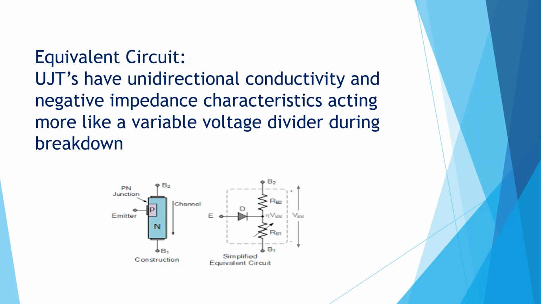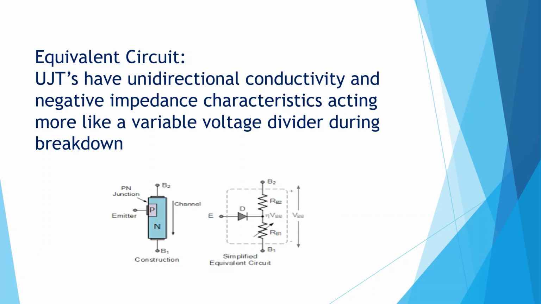If you see the equivalent circuit of UJT, it is like a variable voltage divider during the breakdown. When a sufficient voltage is applied, it will act as a variable voltage divider. If we go in depth into the construction of the UJT, it consists of a lightly doped silicon bar with a heavily doped p-type material for producing a single PN junction as shown in the figure.